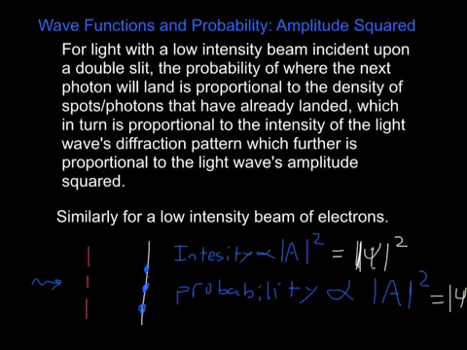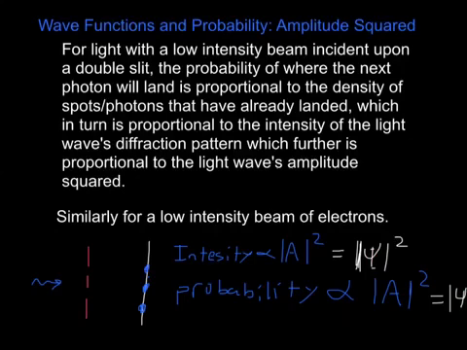But what other kinds of things could probability be related to? We're just saying that the probability of finding a particle in a certain region of space, the probability of finding an electron hitting the screen here or here or here, is proportional to the size of this wave function squared. Well, are there other things that the probability could be proportional to as well?